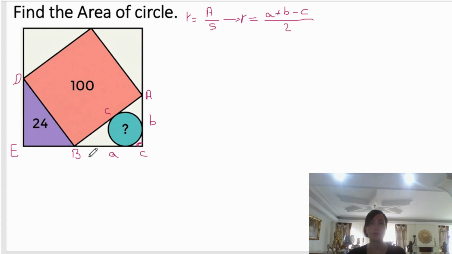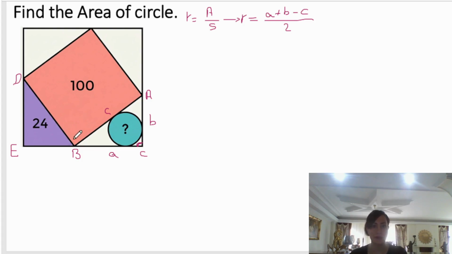If I show these two triangles are congruent, I can show the areas of these two triangles are equal, because if two triangles are congruent, the corresponding sides and the corresponding angles are equal. So I will go show it.